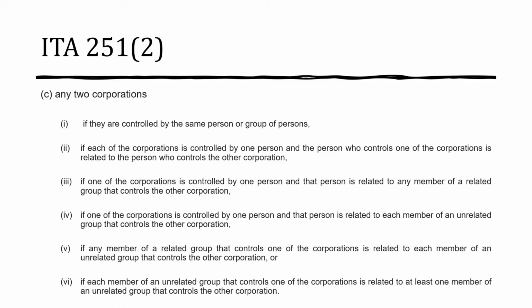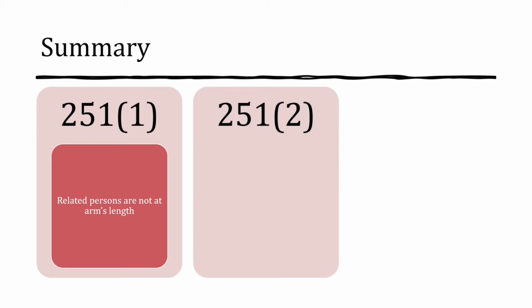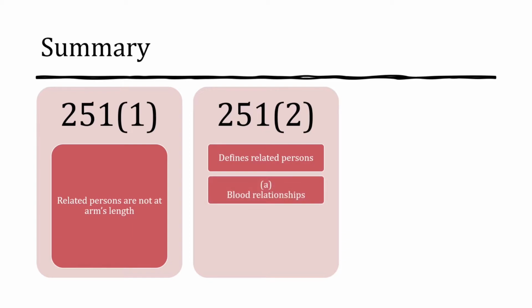But before we get to the examples, let's quickly summarize ITA 251, the provisions that we've talked about thus far. 251 subsection 1 basically says that related persons are not at arm's length. 251 subsection 2 is where you go to actually define related persons. Paragraph A is where it mentions blood relationships, marriage, common-law partnerships, and adoption.